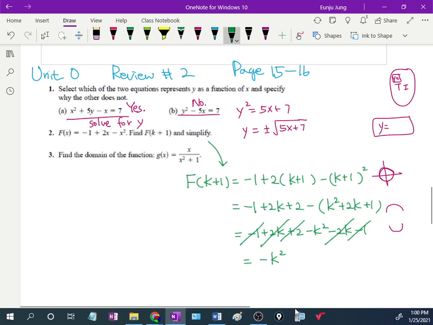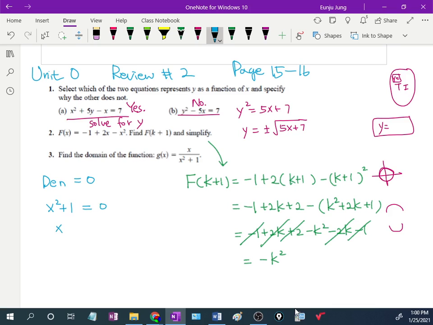Question number 3. Find the domain of the function. Let's look at the denominator. If there is a case where we can make the denominator 0, then there is a discontinuity at that point. However, x squared plus 1, is there any chance I can make 0 in the denominator?